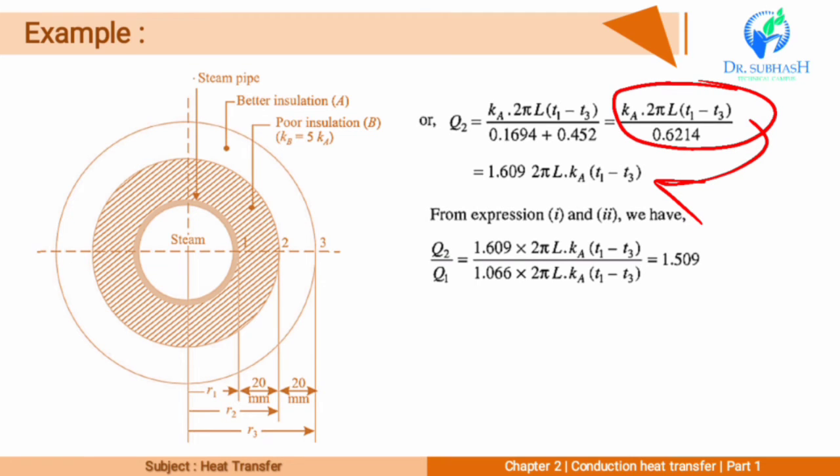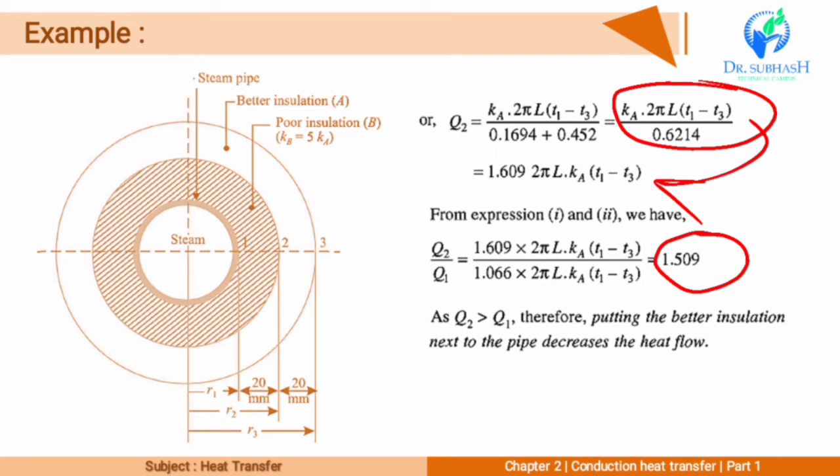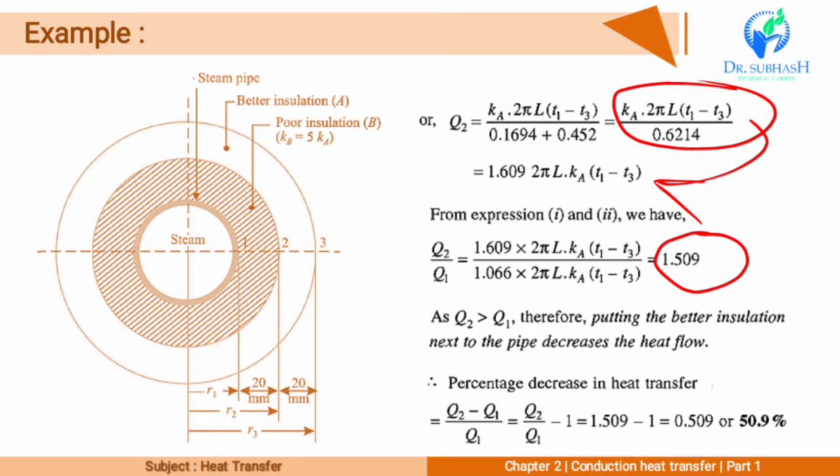So from equations 1 and 2, that means from case number 1 and 2, the ratio of Q2 divided by Q1 is equal to 1.509. From this Q2 by Q1 ratio, we can write Q2 is greater than Q1, and therefore putting the better insulation next to the pipe decreases the heat flow rate.